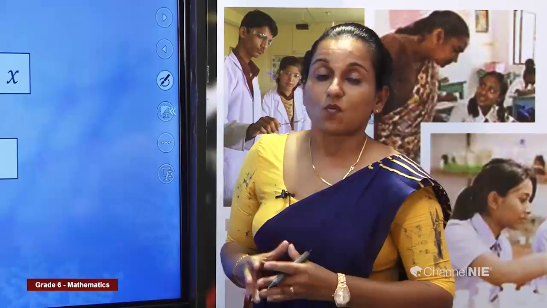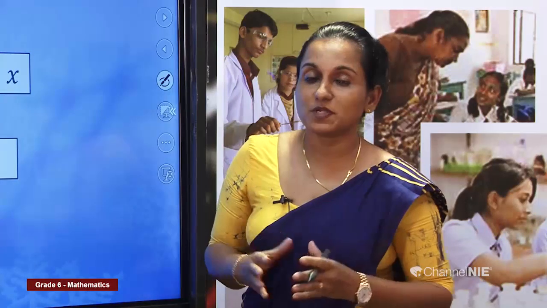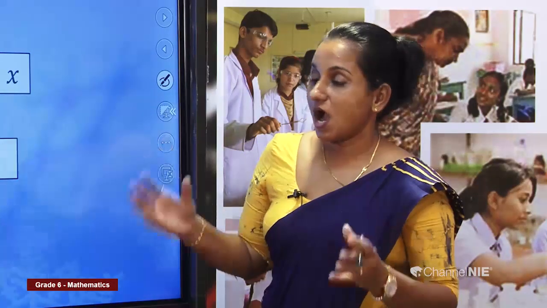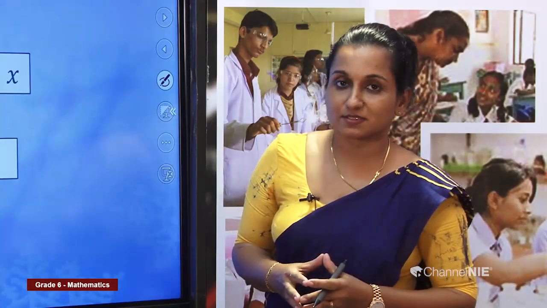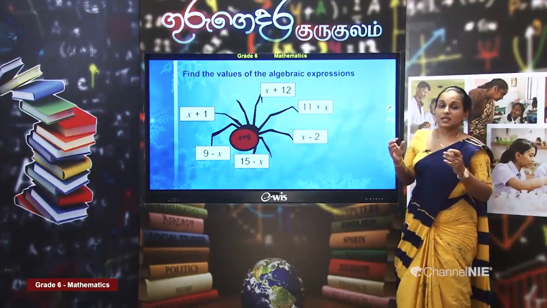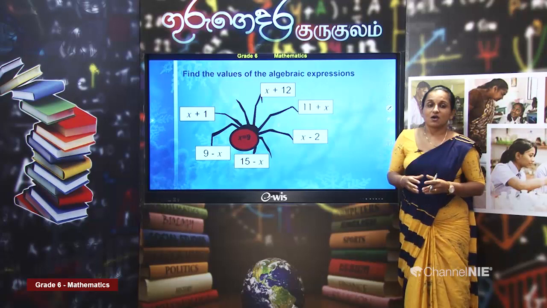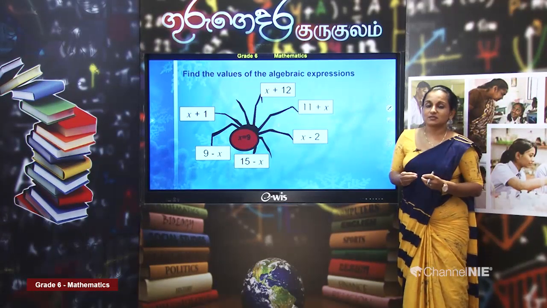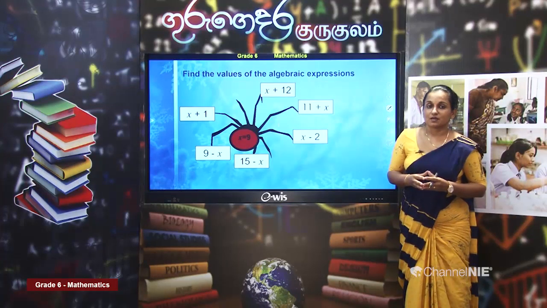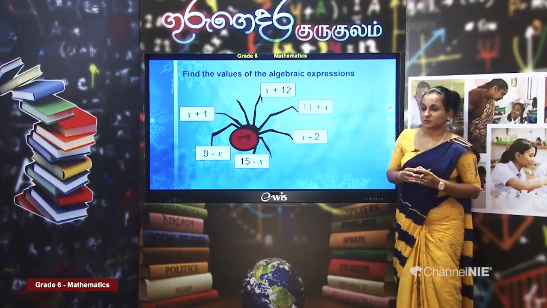Let's see what will happen to the algebra spider after we substitute and get the correct answers. Can you help me with this? All you have to do is substitute the values with me. Let's start. Are you ready?